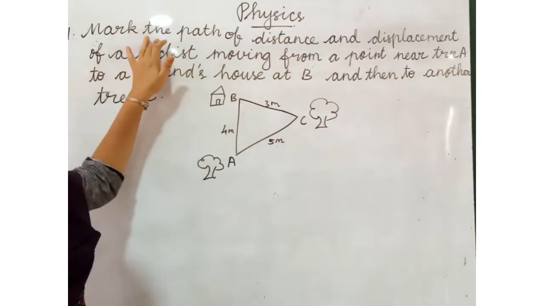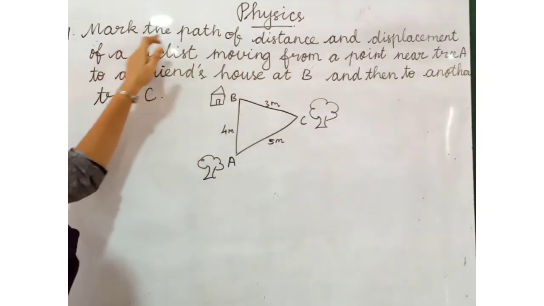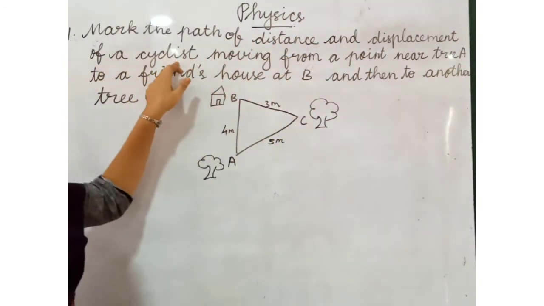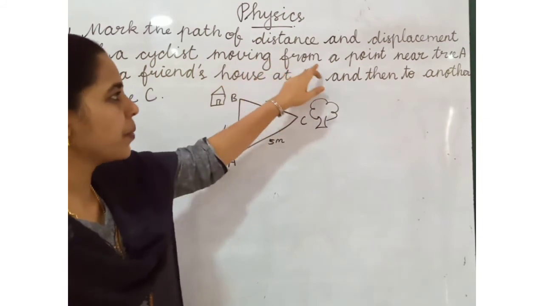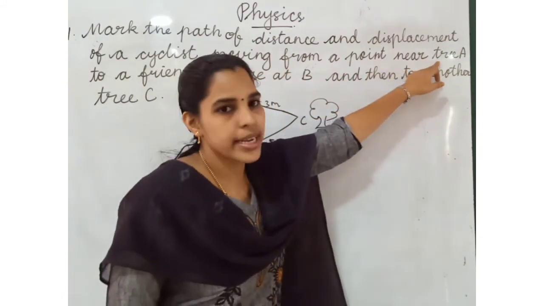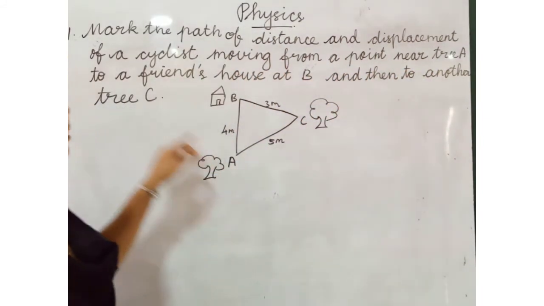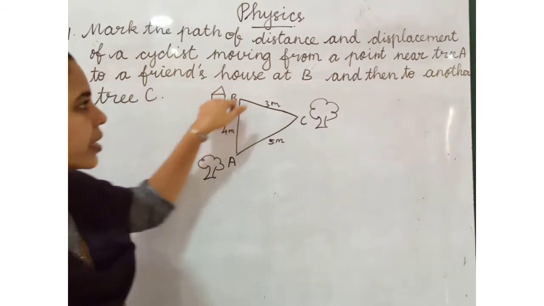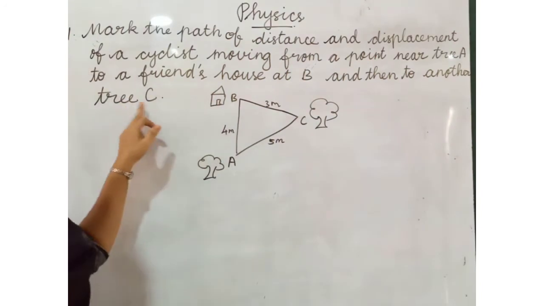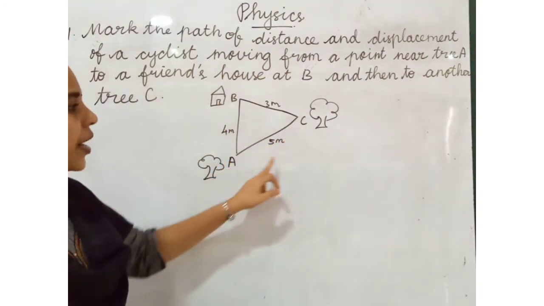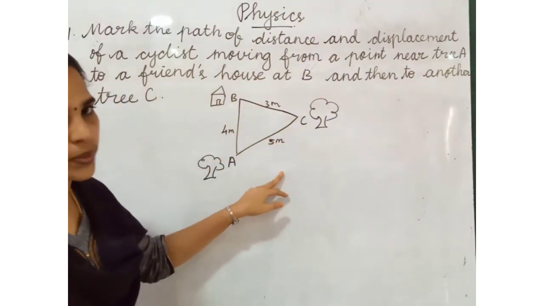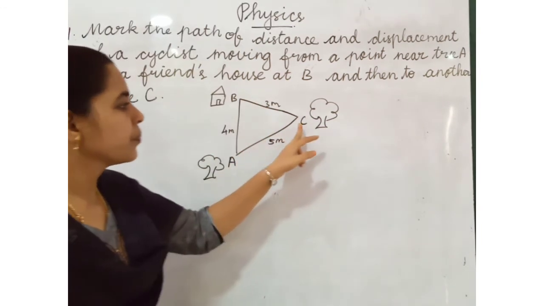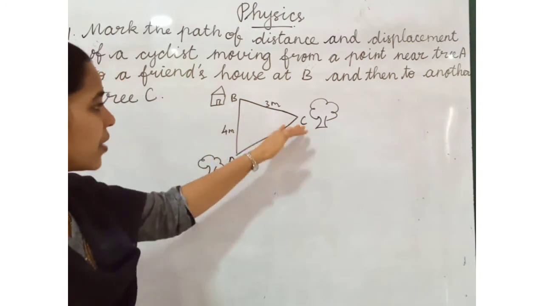Listen here. This is the picture study question. Mark the path of distance and displacement of a cyclist moving from a point near tree A, this point, then to a friend's house at B, and then to another tree C. We have to find the distance and displacement. Distance means the object covered the distance.